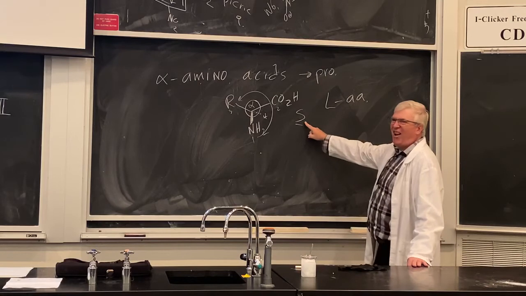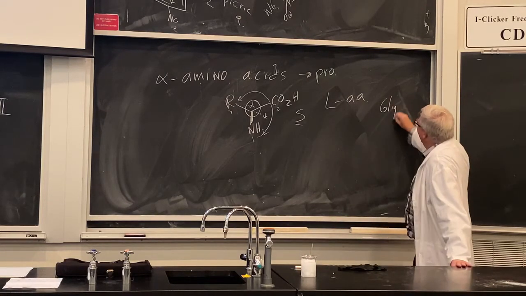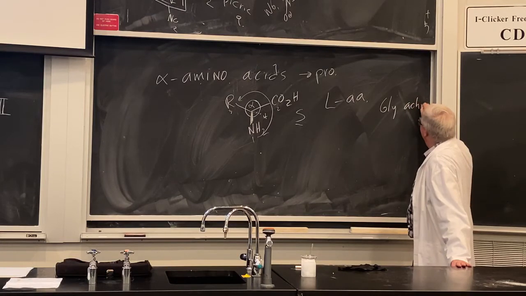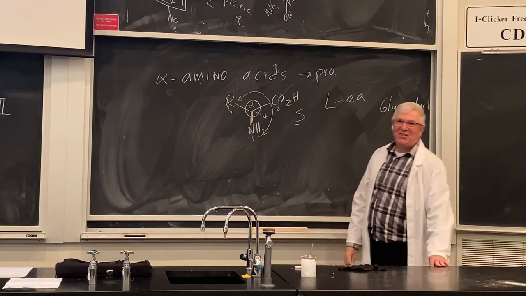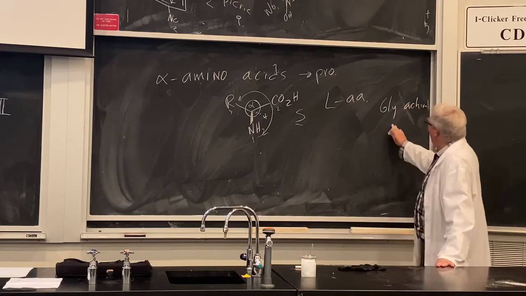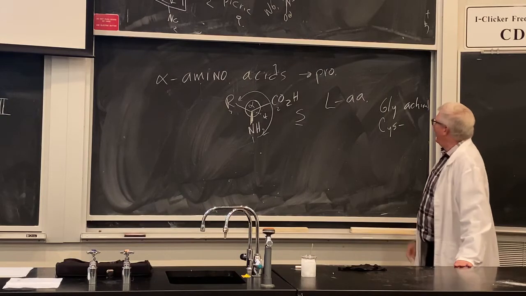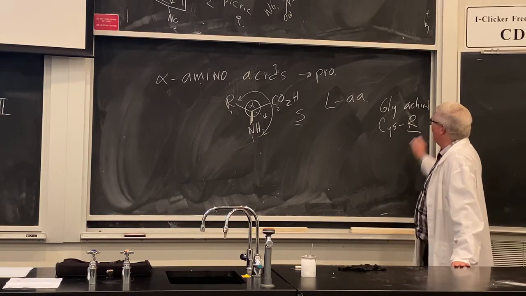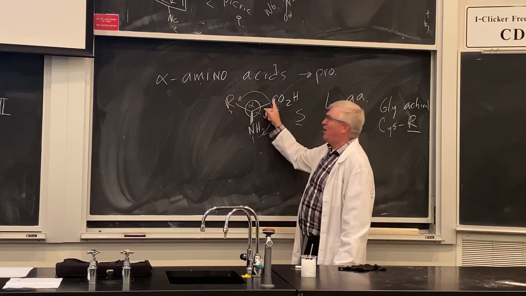I shouldn't say all amino acids. Glycine is achiral, okay? Glycine, the R group, is another hydrogen. That's the simplest amino acid. And what about this one? Cysteine. You'll see that later on. That turns out to have an R stereocenter because there's a sulfur in the side chain, which has priority over the carbon here.